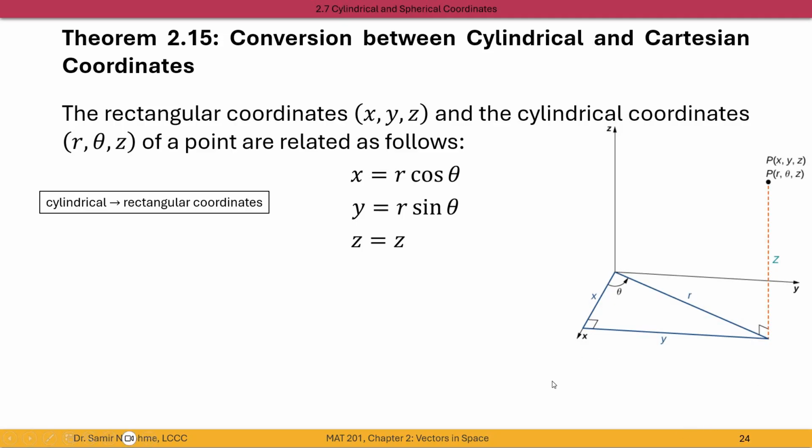Consider a rectangular coordinate system, which is a Cartesian coordinate system, x, y, and z, and these axes are pointing in these directions. This point P is described as x, y, z in space in Cartesian coordinates. In cylindrical coordinates, we will define r, theta, and z.